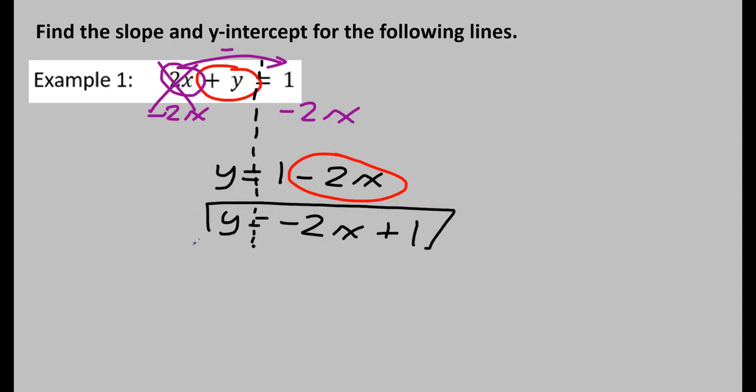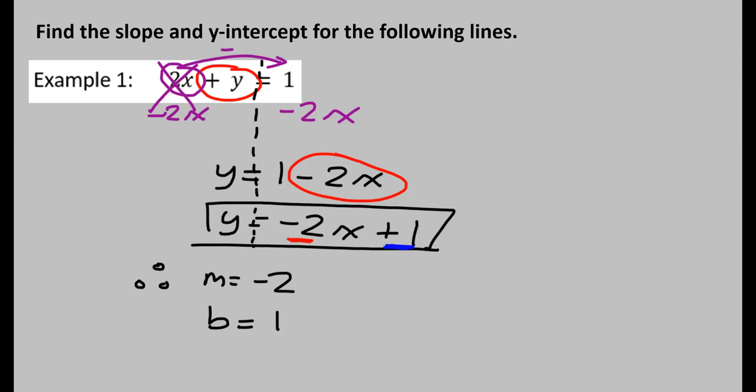So this becomes my final answer. So therefore, the slope is -2, and the y-intercept is 1, and that would be my final. Because again, remember that slope is always with the x value, and the y-intercept is always that number by itself.